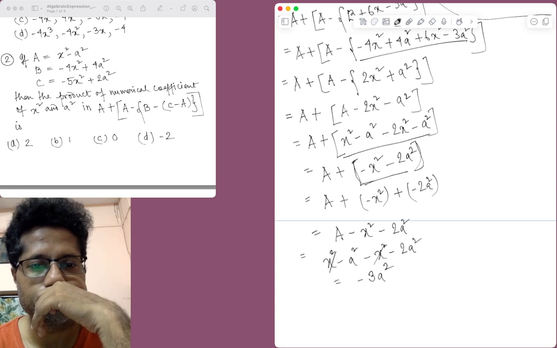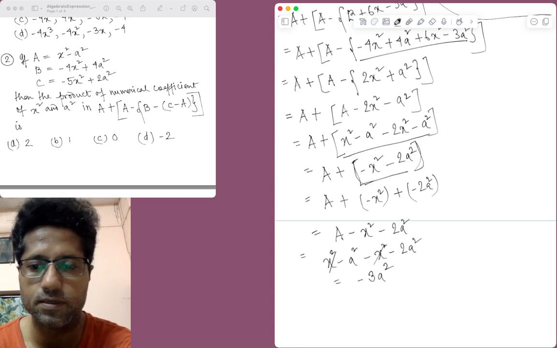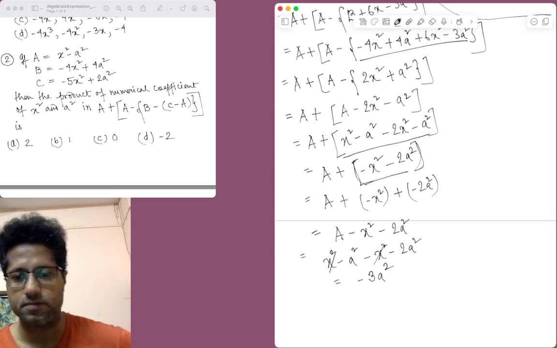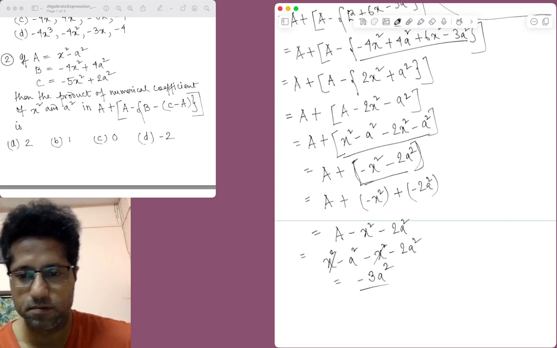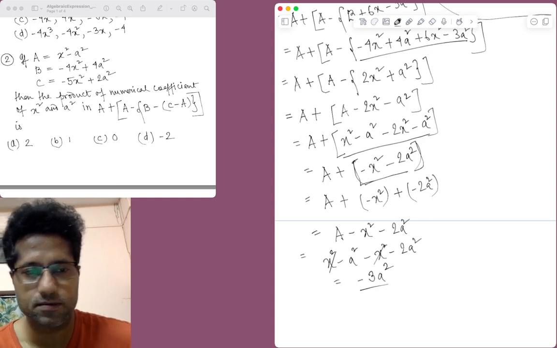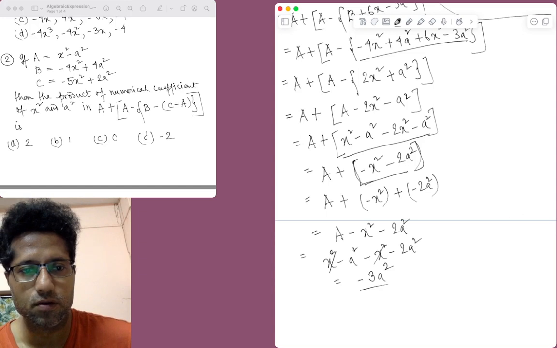Then the product of numerical coefficient. Okay, so the expression becomes this. And the question says the product of numerical coefficient of x square and a square in a.